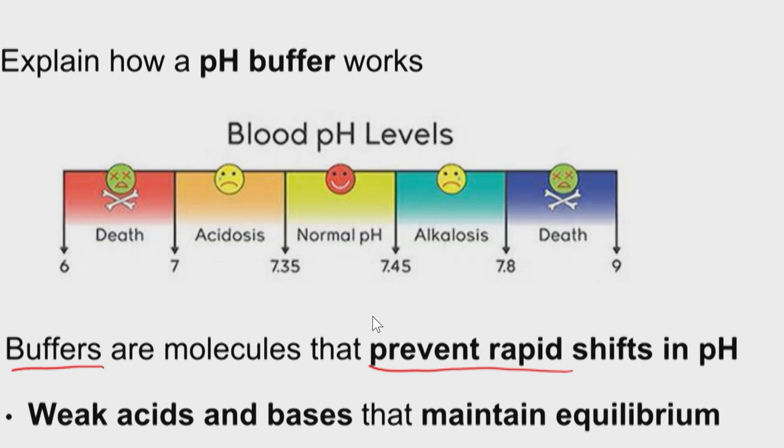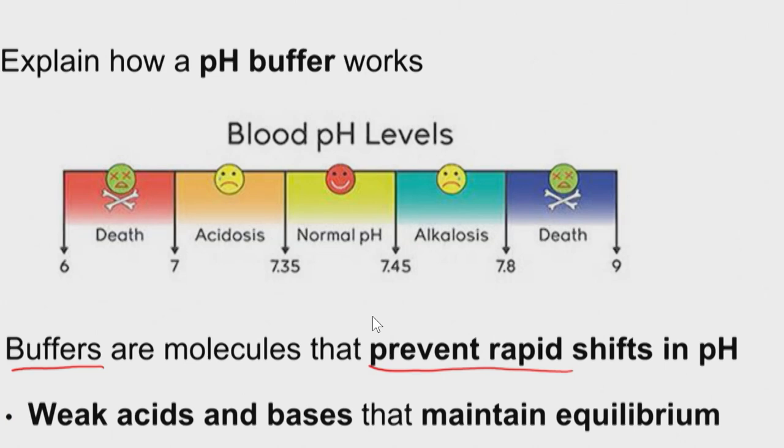So if your pH starts to rise, what you want to do to counter this, in that negative feedback loop style, to bring it back to the set point, is release some H plus ions into the solution. That's going to increase the H plus concentration, therefore lowering the pH, and bring that balance back down to that set point, where you're trying to maintain that homeostatic balance and keep it inside that green range.